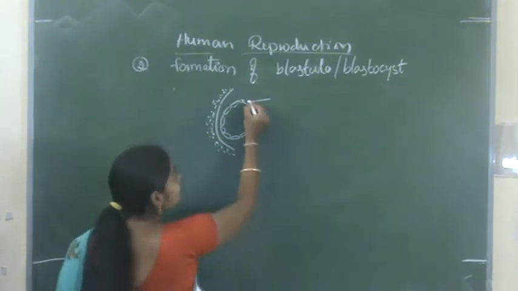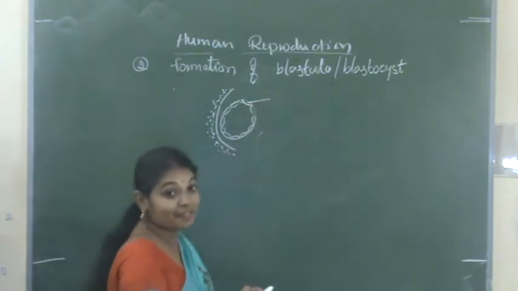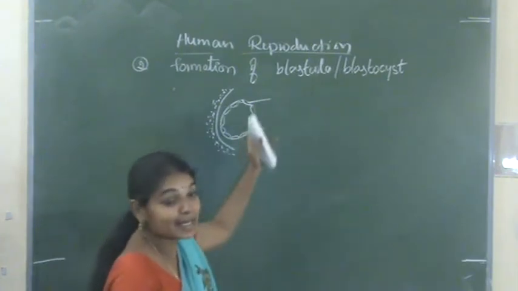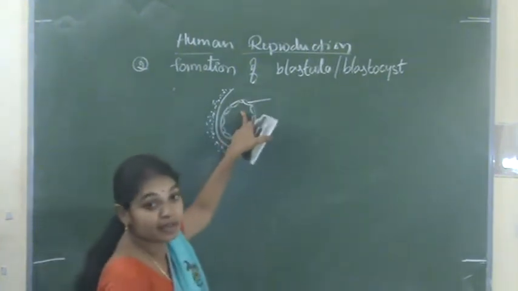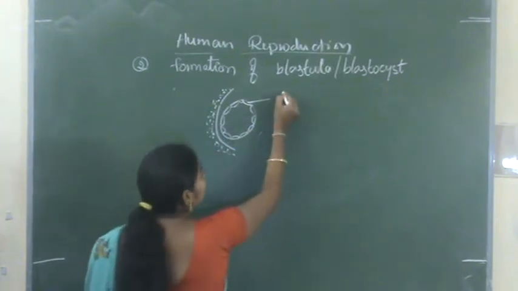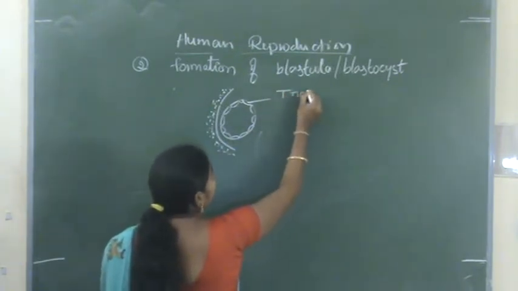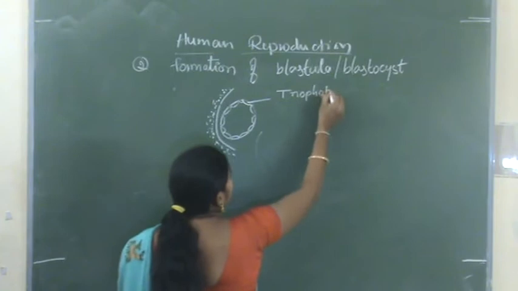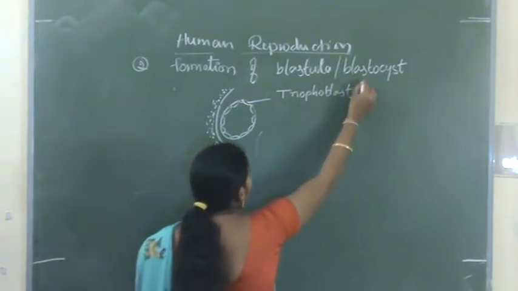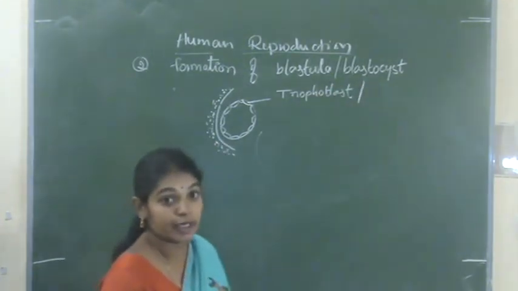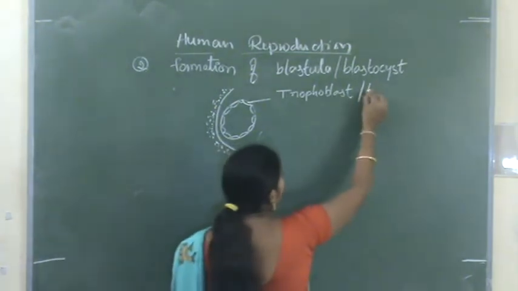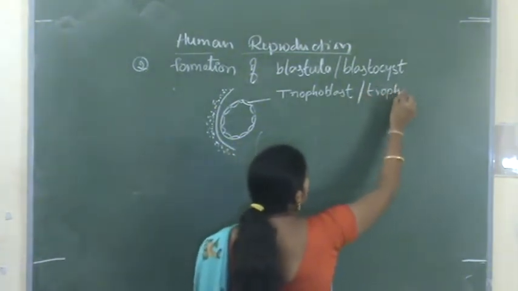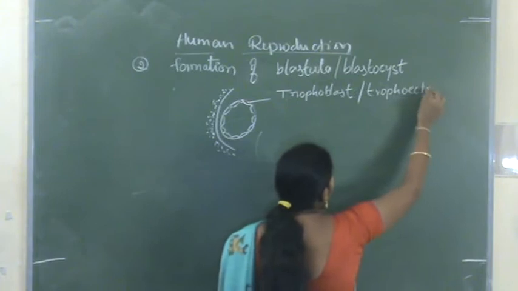So these smaller cells are flat cells, and this entire layer is known as trophoblast, or it is also known as trophoectoderm.